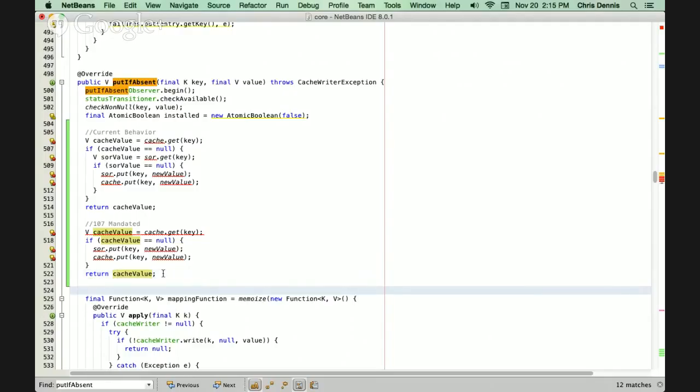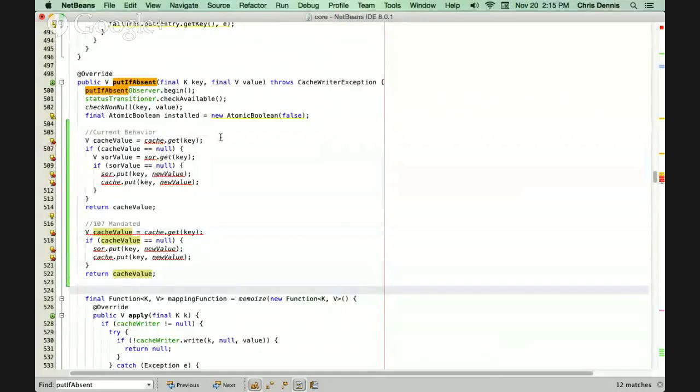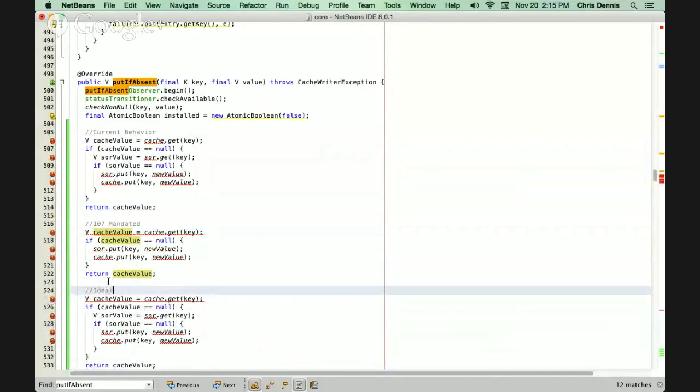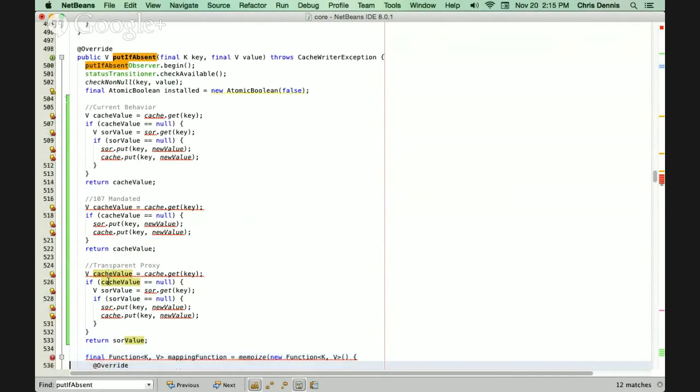And I also think that if you were to take this version, maybe I won't call it the ideal. It's the transparent proxy approach. I think that is defensible too.